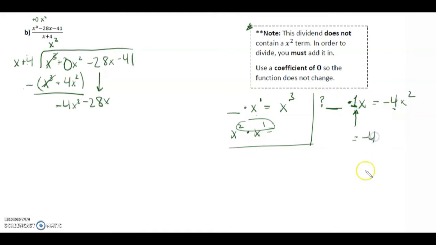Well, negative 4. And x to the what times x to the 1 is going to give us x squared? Well, x to the 1. Right? Because we have to add those two exponents. So we have negative 4x. Negative 4x times x is negative 4x squared. And negative 4x times 4 is negative 16x.